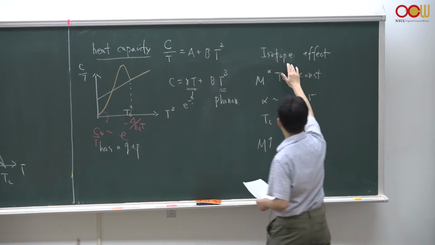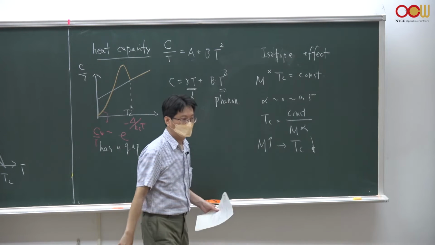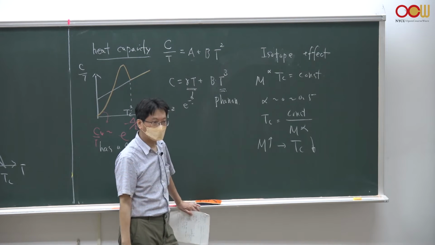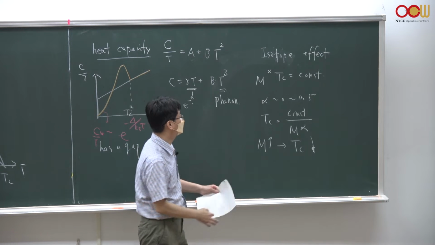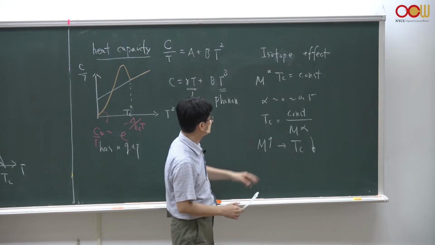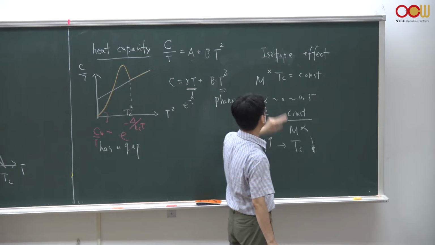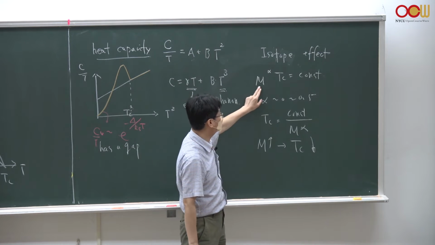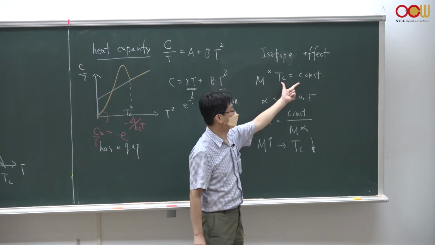So the final feature of the superconductor is the so-called isotope effect, which means that Tc, the critical or transition temperature, times the mass of ions to the power of alpha is roughly a constant.